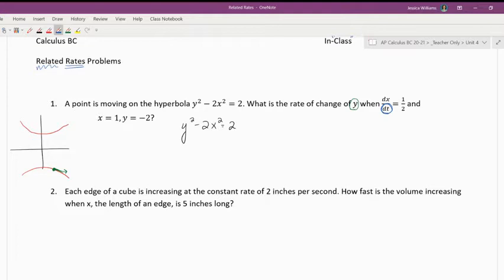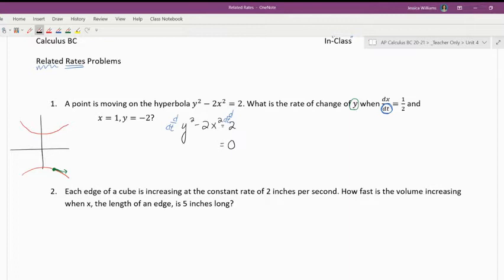And you've also done implicit differentiation. So differentiating with respect to a variable when you have 2 of them in your problem shouldn't be too weird. This is kind of like a combination of things you've already done. But we're going to take the derivative with respect to t of both sides. Don't worry, I'll help over here.